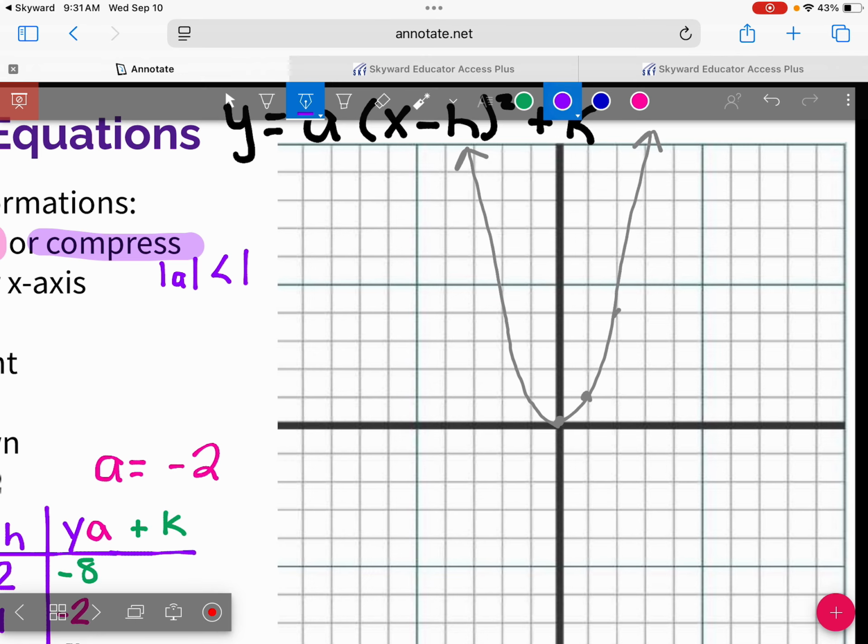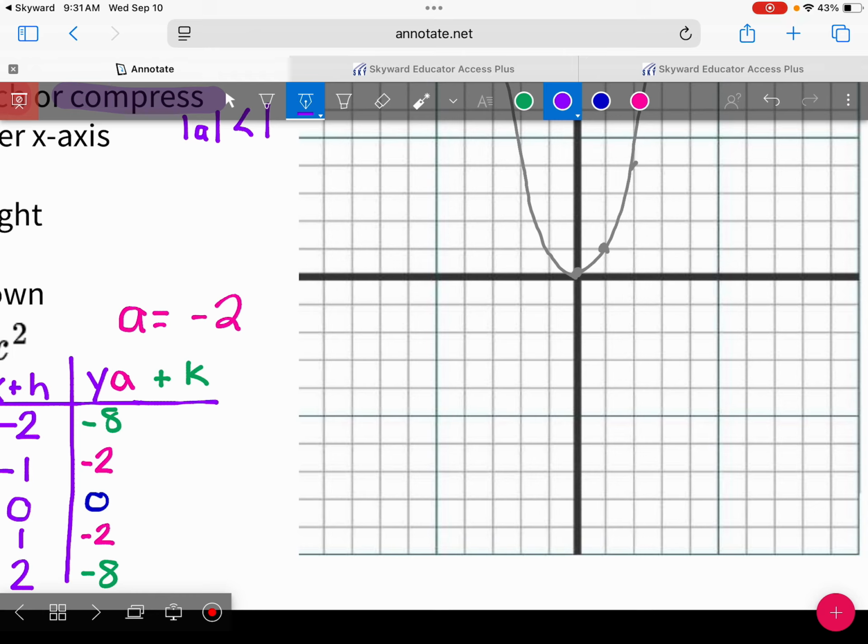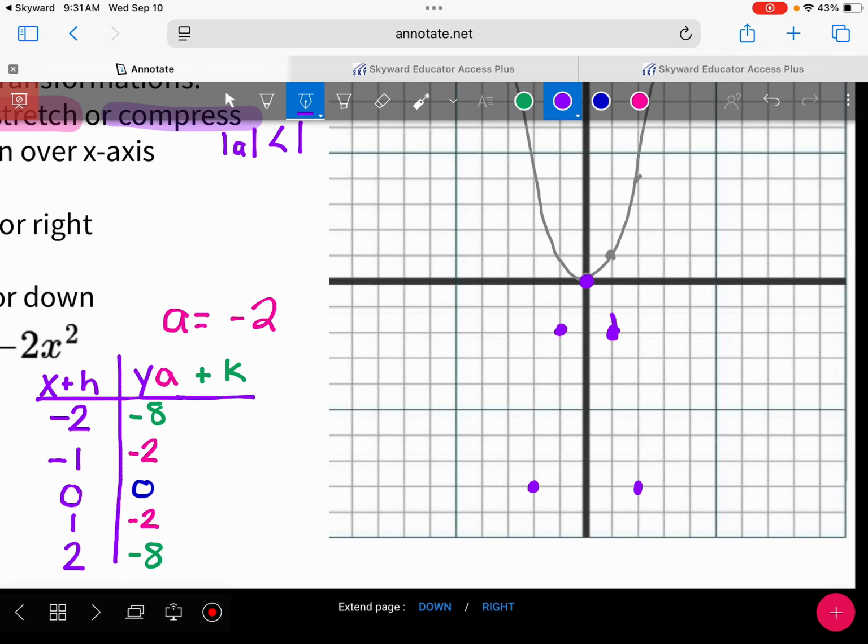When we are graphing our function, we're going to have our negative 2, negative 8, which is down here, negative 1, negative 2, 0, 0, 1, negative 2, and 2, negative 8. So this is our new quadratic.